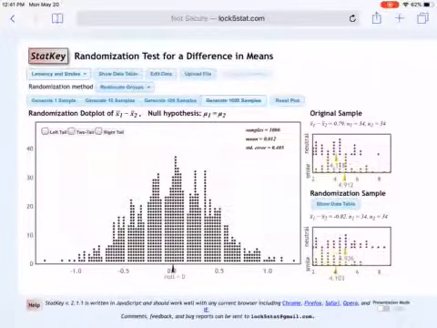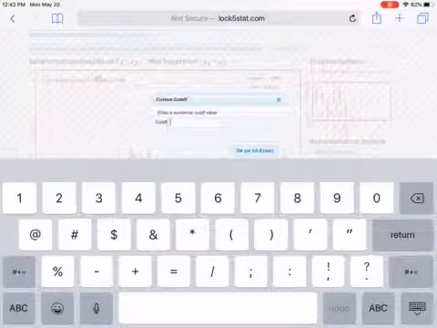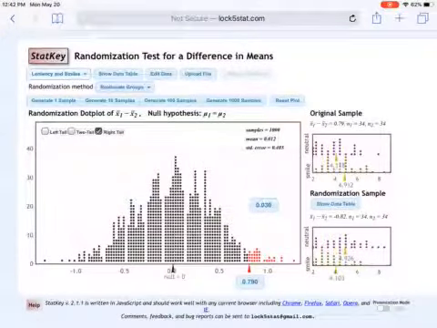So we want to think about the direction that we have, and we were doing greater than, so that is called a right-tailed test, so you would click right tail. Then you put your sample value down here, and our sample value was 0.79. We want to see where our sample value falls in the distribution of likely values.